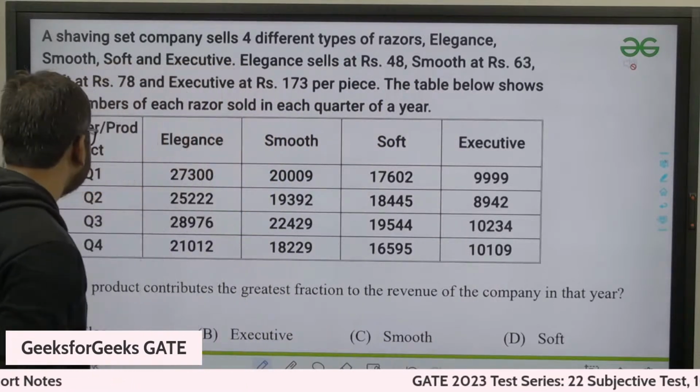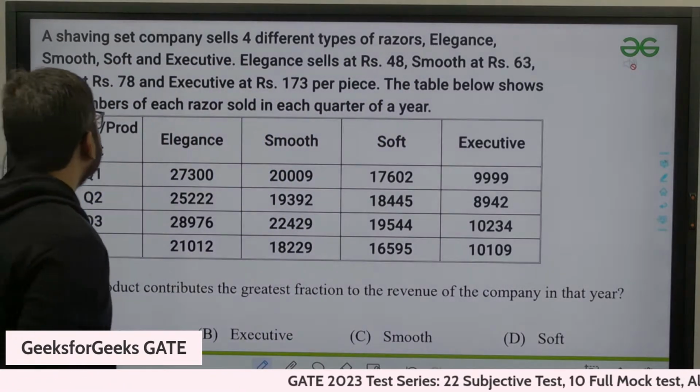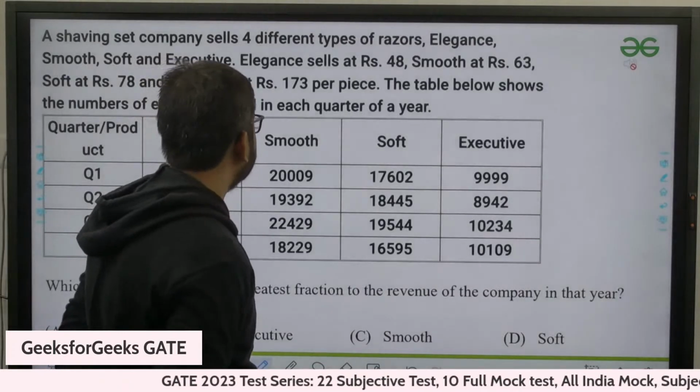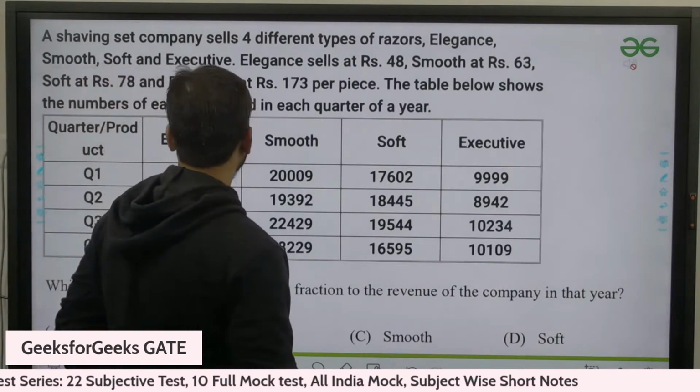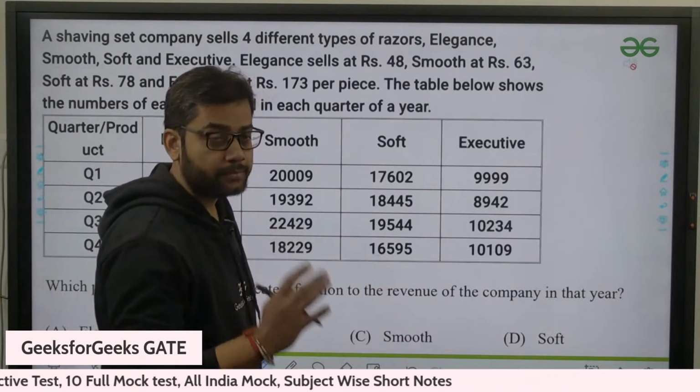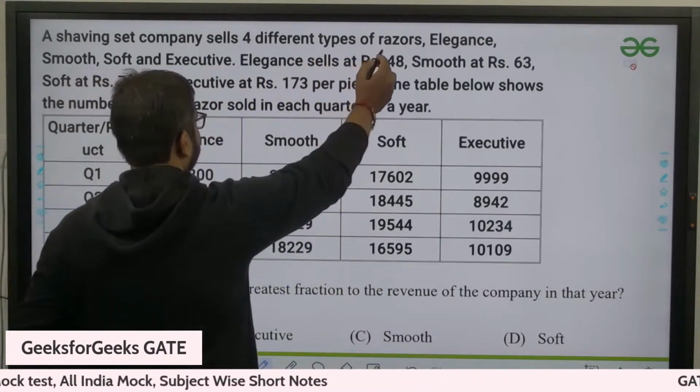Now see this question: the shaving company has 4 different razors: elegance, smooth, soft, and executive. So we have the data of 4 razors from a razor company.